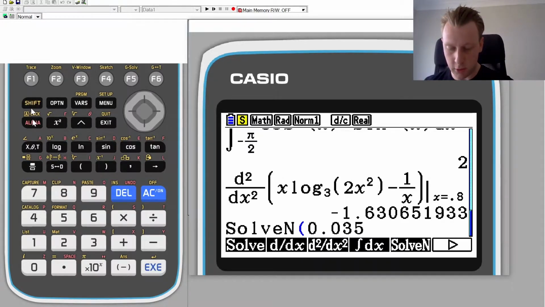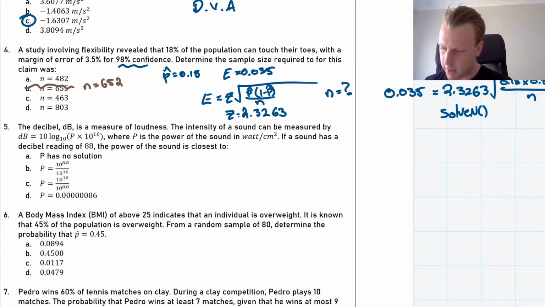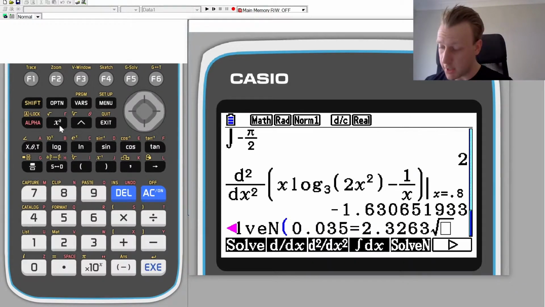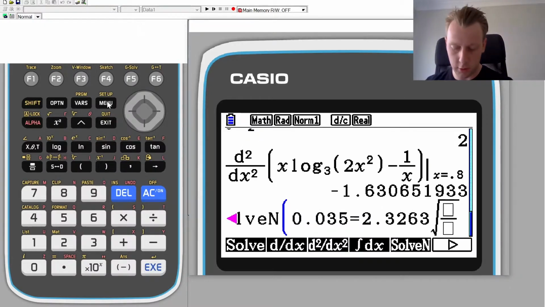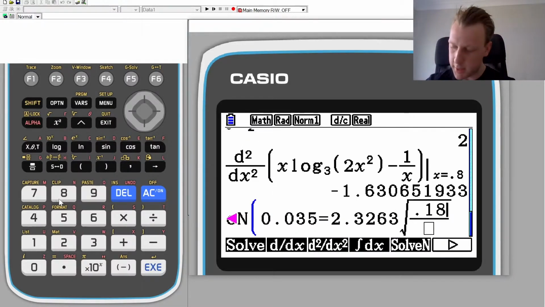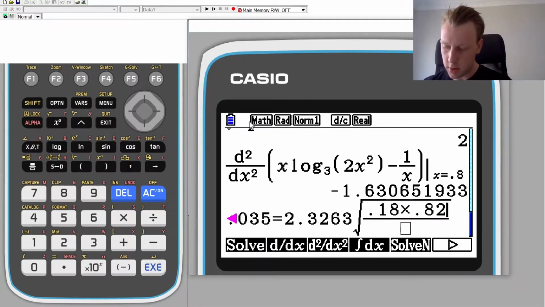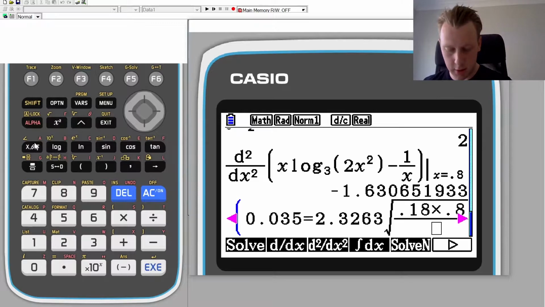0.035 equals, so shift equals, 2.3263, multiplied by my standard deviation, which is the square root of 0.18 times 0.82 divided by x.